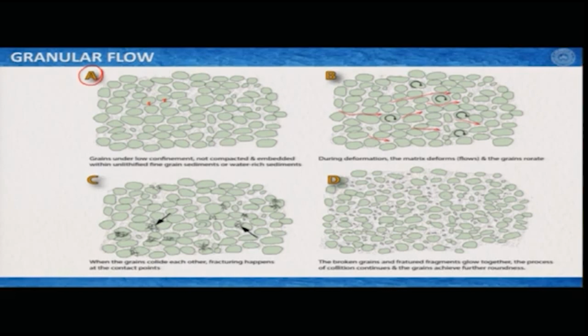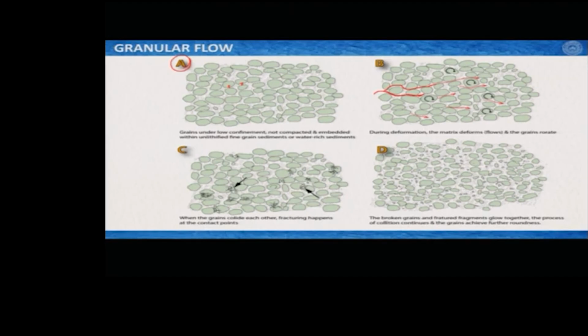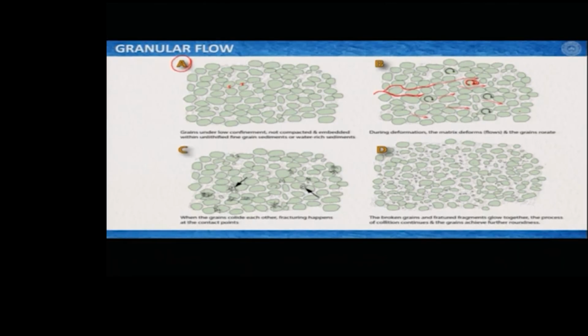If deformation is applied and the overall confinement is very low, these fluids or fine sediments, the fine matrix, try to flow around the grains, and when that happens, the individual grains, indicated here by black circular arrows, tend to rotate.